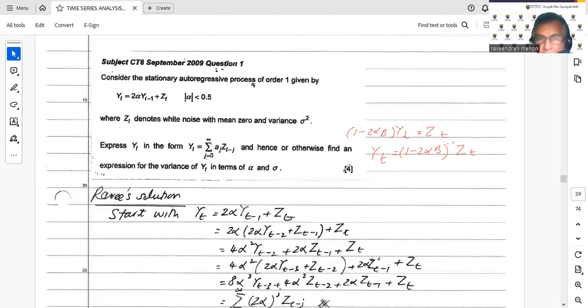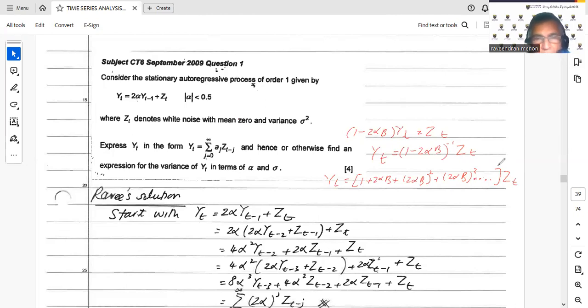So I can write Yt as equal to 1 plus 2 alpha B plus (2 alpha B) squared plus (2 alpha B) cubed and so on, times Zt. Let me stop there for a minute.